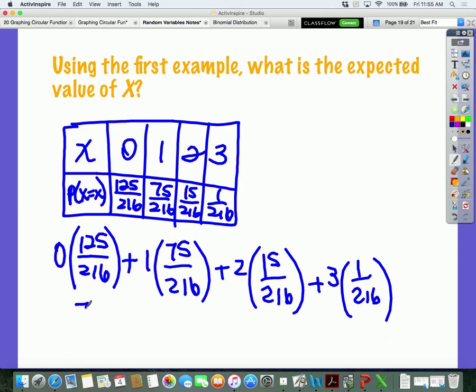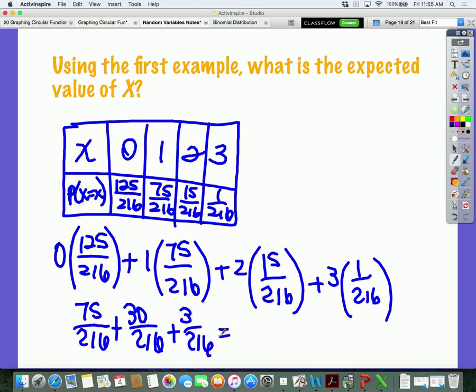We have 75 over 216 plus 30 over 216 plus, which all add up to be a total of 108 out of 216.